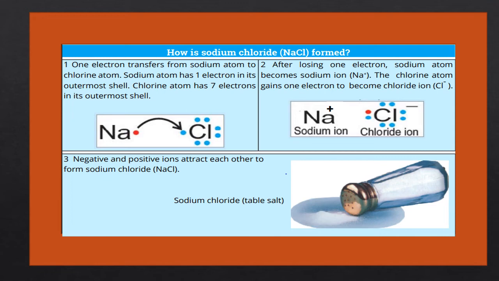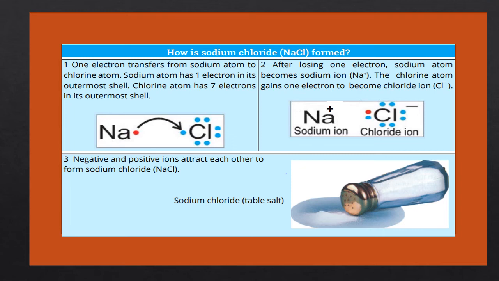As you know, chlorine has 7 electrons in its outermost shell, and to complete its octet, chlorine has to gain 1 electron. So chlorine gains that electron from sodium and becomes a chloride ion, while sodium, when it loses its 1 electron, becomes a cation. By this gaining and losing of an electron, both elements form a bond that is called an ionic bond, and this is how sodium chloride or table salt is formed.